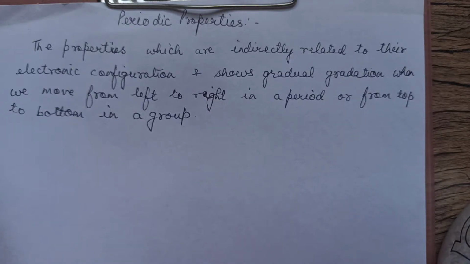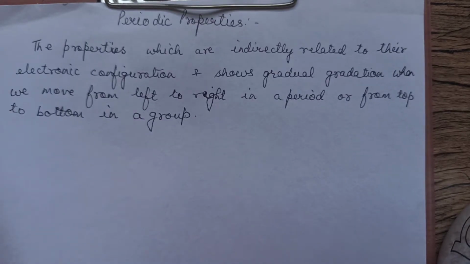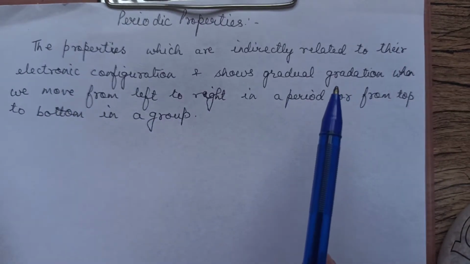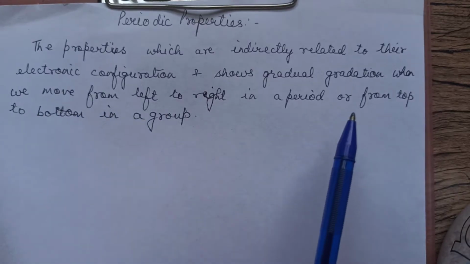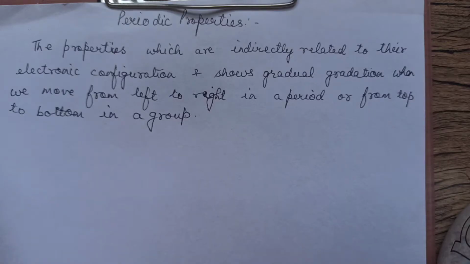And we know that only the valence shell electrons participate in bond formation, so obviously their properties also will be the same. So we say the properties which are indirectly related to the electronic configuration show gradual gradation when we move from left to right in a period or from top to bottom in a group. This is the general aspect.